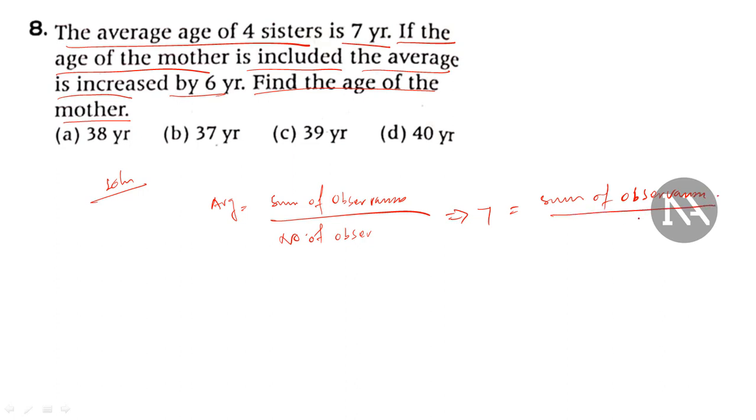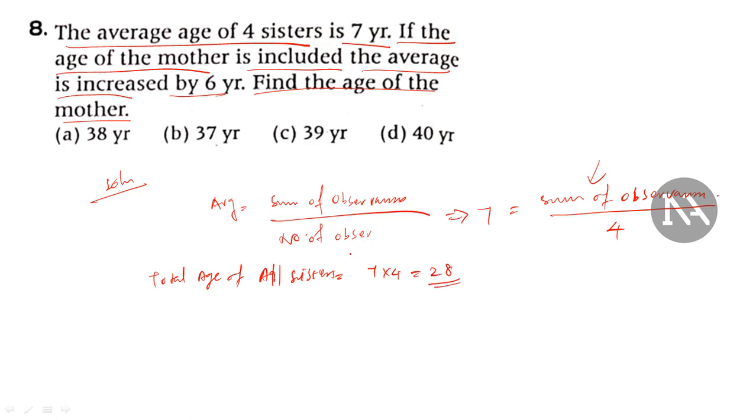The number of observations is 4, the number of sisters is 4. So the total age of all the sisters is equal to 7 into 4, that is equal to 28.